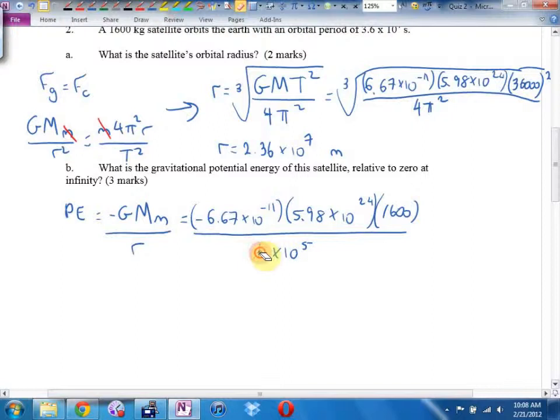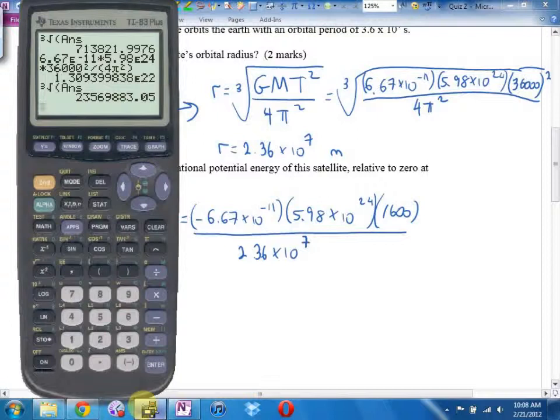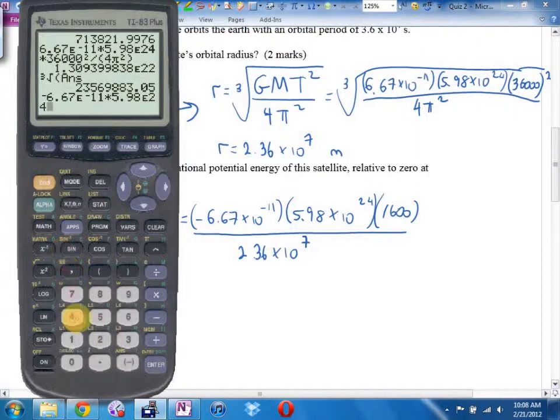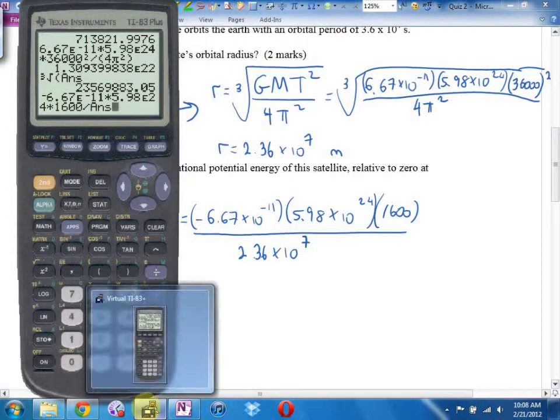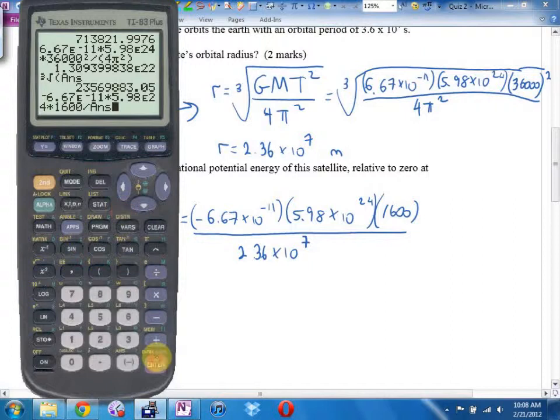Yay, this is legal. I'm not orbiting inside the planet somehow like a freakish Star Trek phasing starship or something like that. So let's try this again. Thank you, Nicole. Candy for you. Negative 6.67 times 10 to the negative 11 times 5.98 times 10 to the 24th times 1600 divided by my last answer, which was 2.36 times 10 to the 7th.